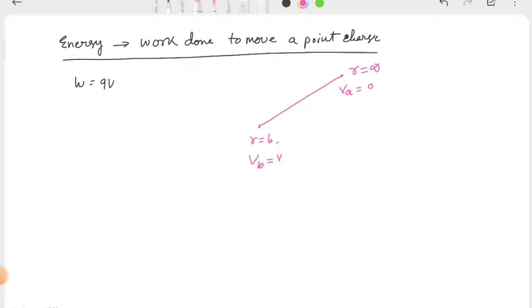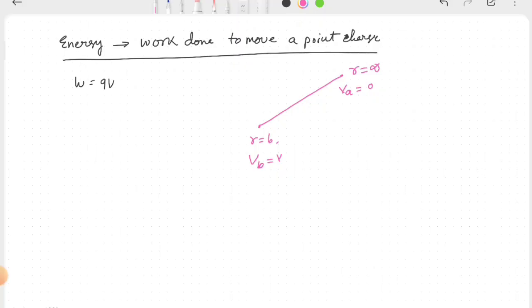So here we want to take a finite charge from infinity to a finite point B, and for this movement of the charge from point A to point B, we did some work done, and that work done is stored in terms of potential energy.